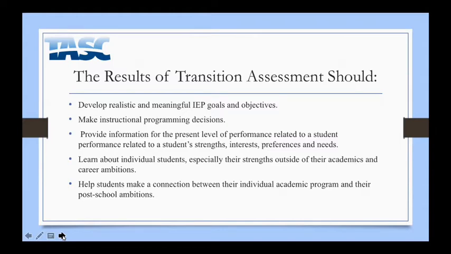We want to learn about individual students, especially their strengths outside of just academics and career ambitions. And we want to help students make a connection between their individual academic program and those post-school ambitions and inform our IEP and summary of performance.